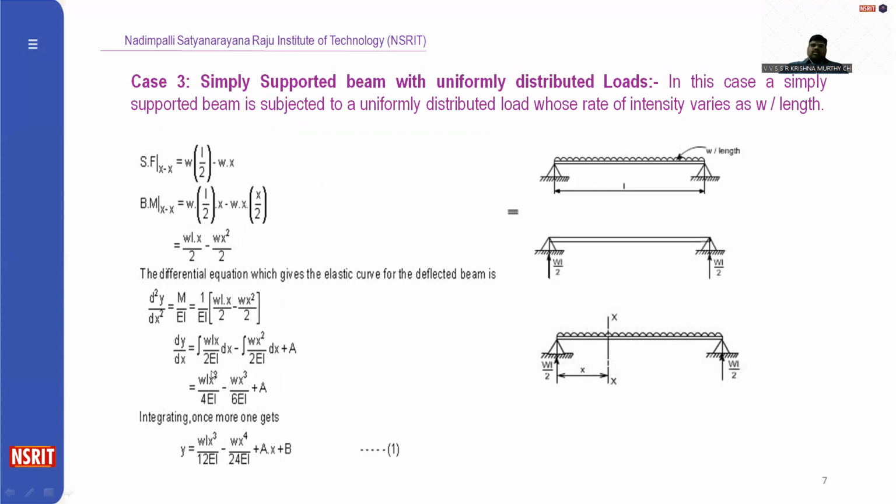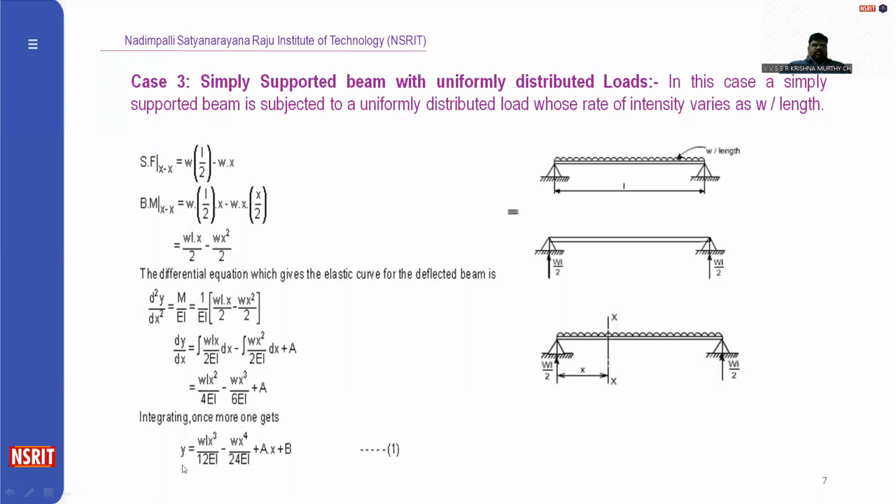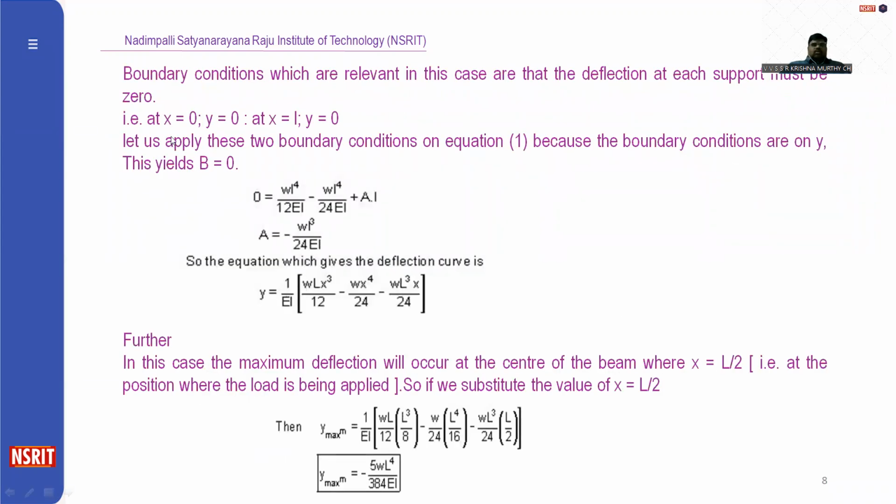On further integration, I will get the deflection y is equal to wLx cube by 12EI minus wx power 4 by 24EI plus Ax plus B. We all know the boundary conditions: at x is equal to 0, y is equal to 0, and at x is equal to L, y is equal to 0.